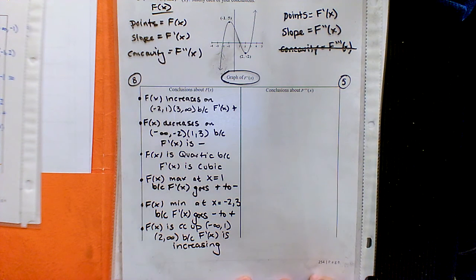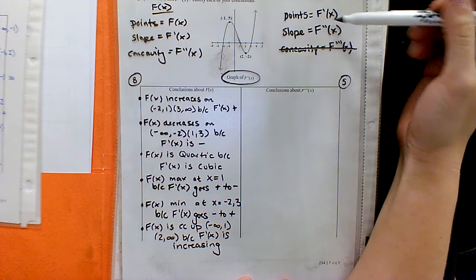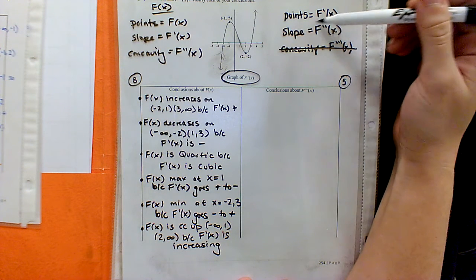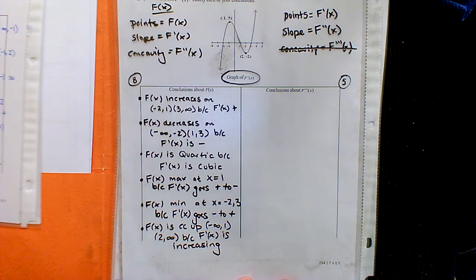Okay, the slope is going up. So if the slope of this graph is positive, we know the second derivative would therefore be positive, and that means the original function would be concave up.